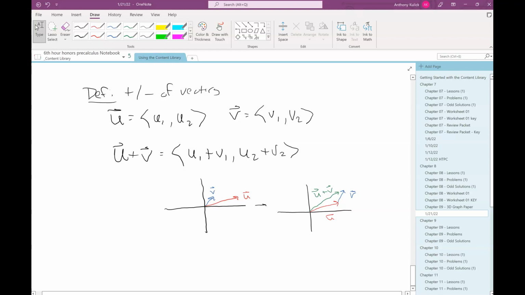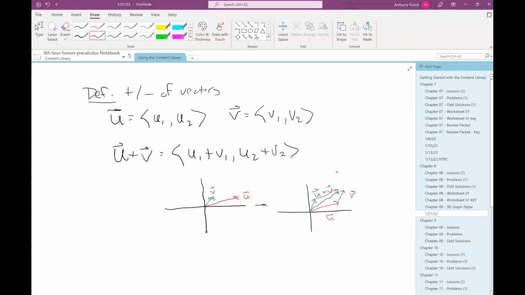So looking at these two ways of thinking about it, either as a component form or as a geometric form, is addition of vectors commutative? Is u plus v the same as v plus u? Yeah, for sure, right? If u1, v1, u2, v2 are real numbers, then obviously those are commutative, so they're going to give you the same answer. Or if we drew our picture, if we had started with v and then drawn u, we'd still end up at the same spot, right?